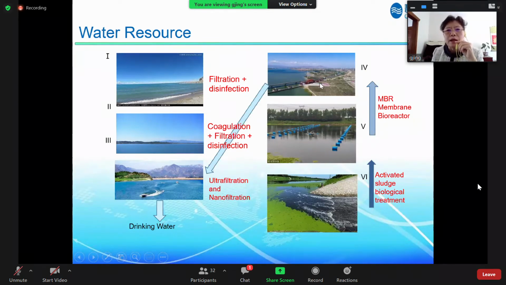But after that, we still need some deep treatment to get the water quality to meet the requirements of a drinking water resource, so we can use that water source directly for our drinking water or some other purpose.